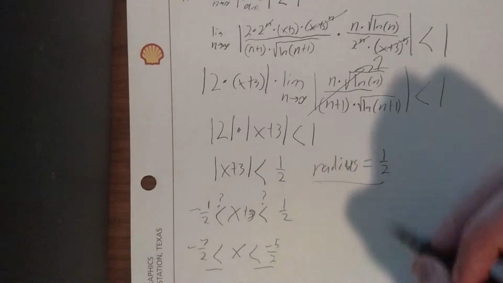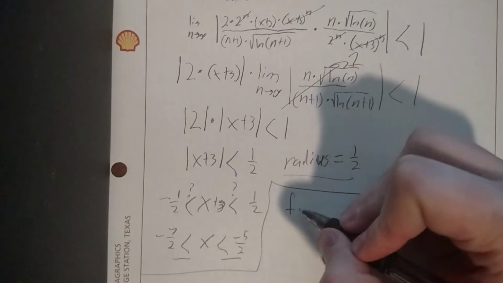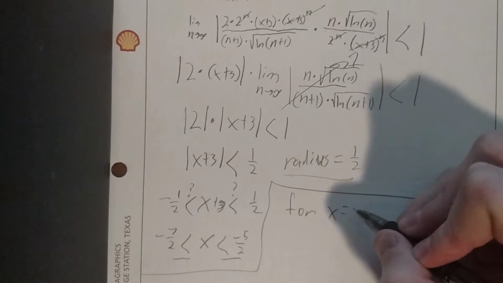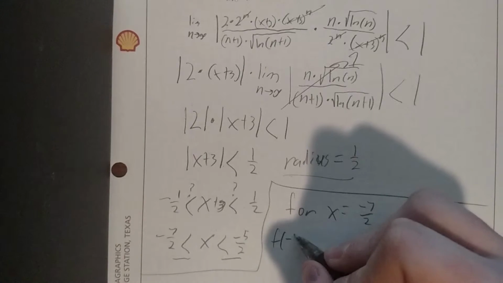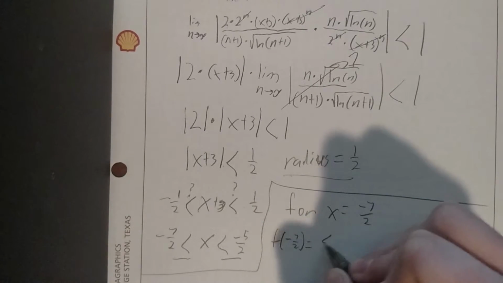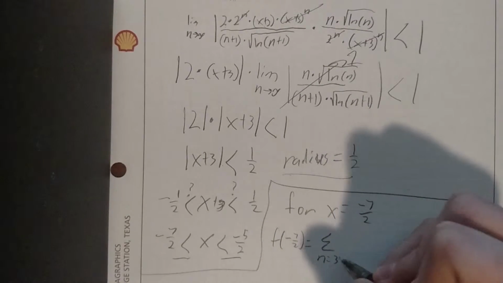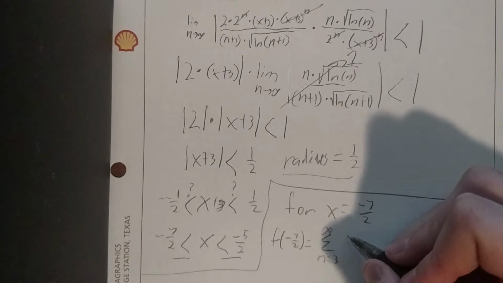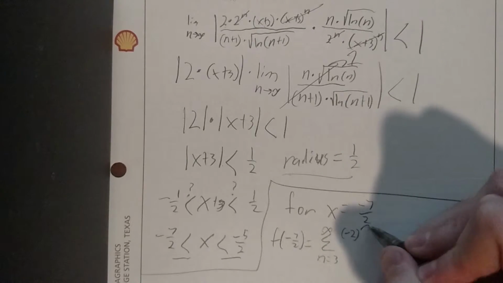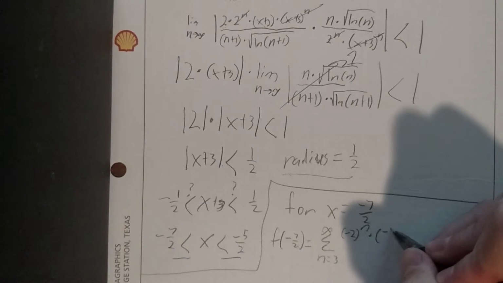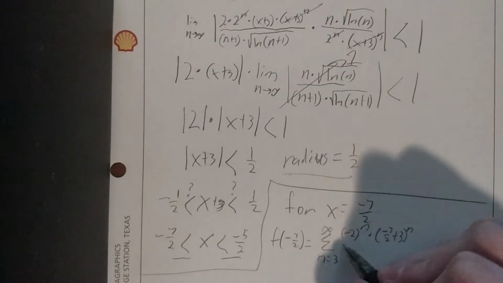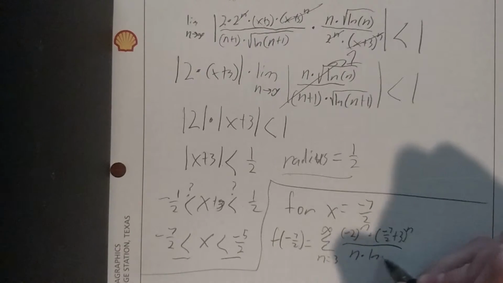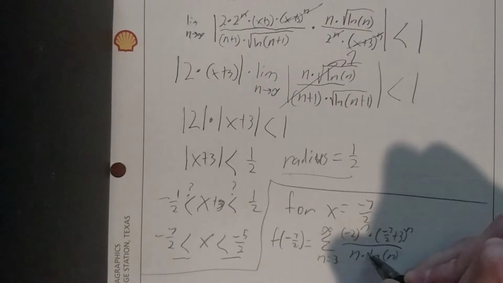So we'll start with x is equal to minus 7/2. F of minus 7/2 is equal to the series from n equals 3 to infinity of minus 2 to the n times minus 7/2 plus 3 to the n all over n times the square root of the natural log of n.